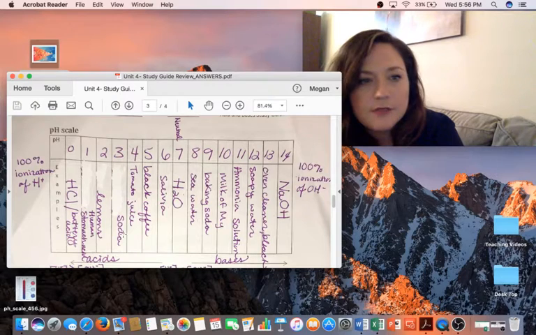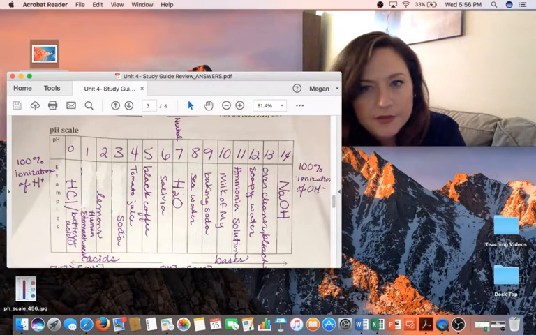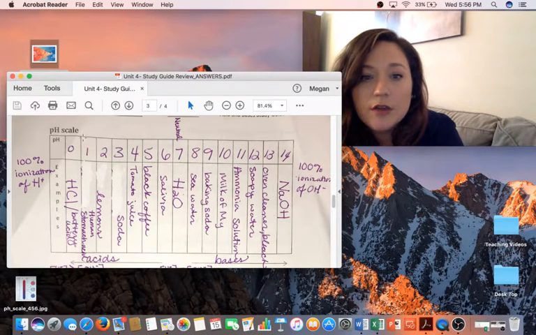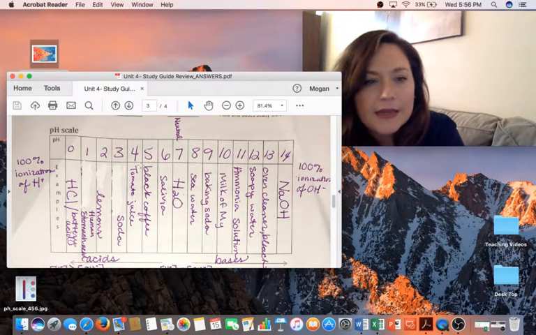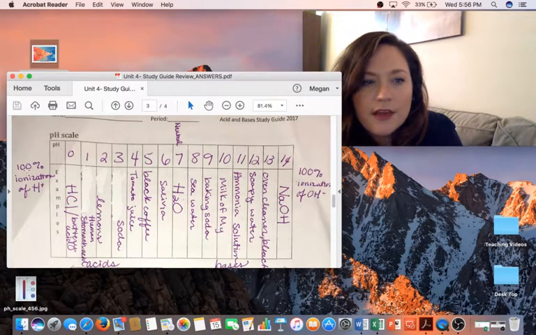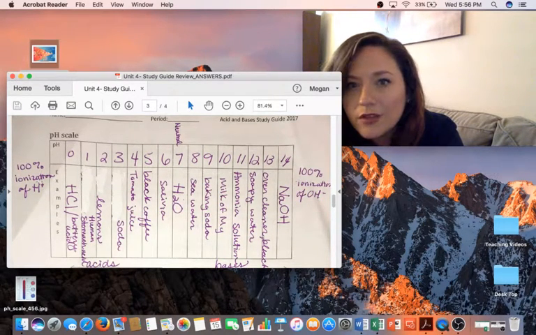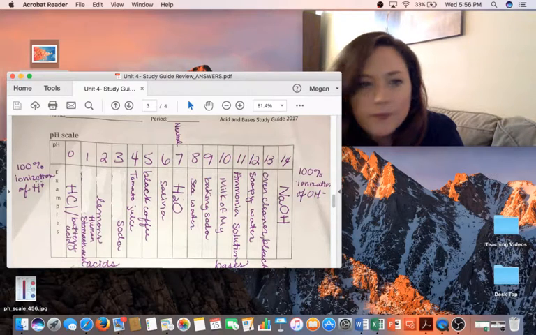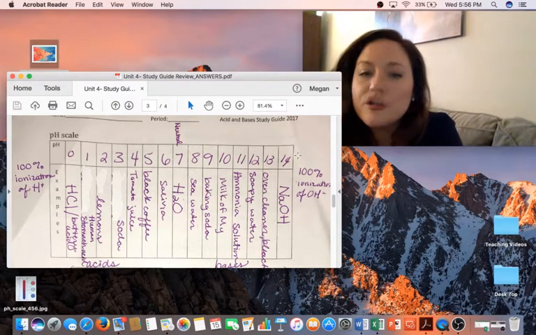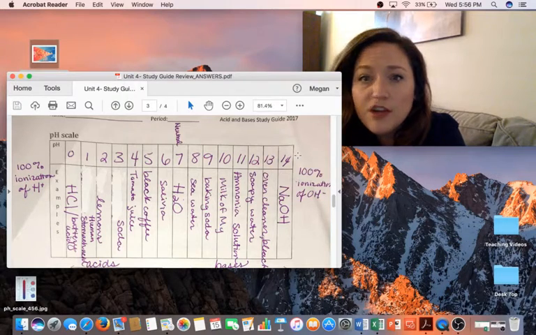So this is just my pH scale. You guys could have different ones for your examples. The purpose of this was the fact that it was supposed to go from 0 to 14. I added a little extras, like the fact that this is neutral, the fact that on this side of the pH scale, 0 is 100% ionized of hydrogen ions, and the pH 14 would have a 100% ionized of hydroxide.